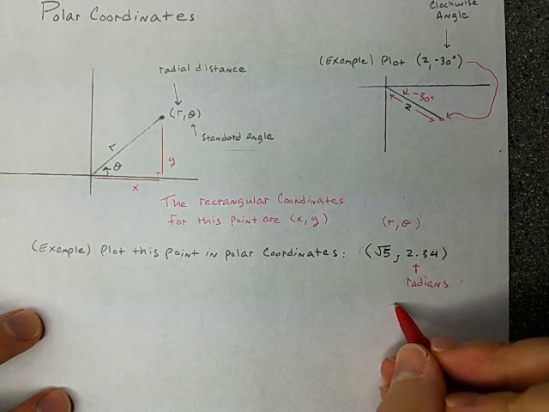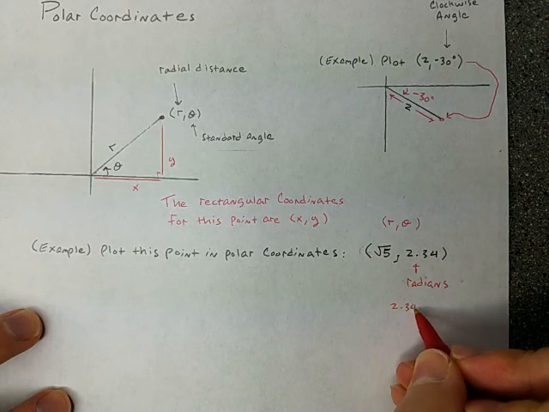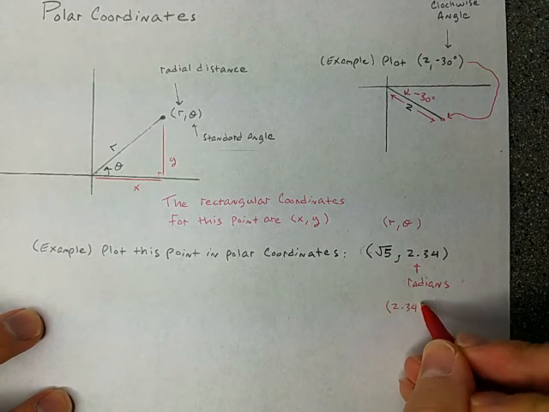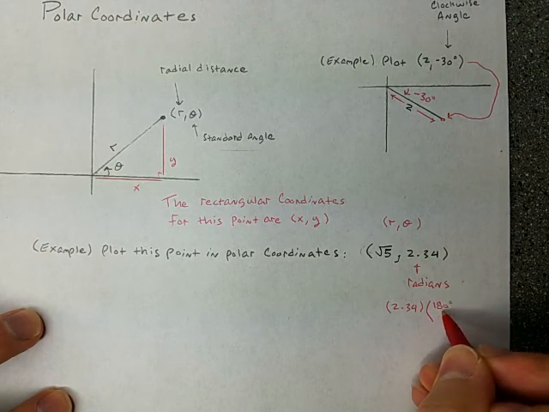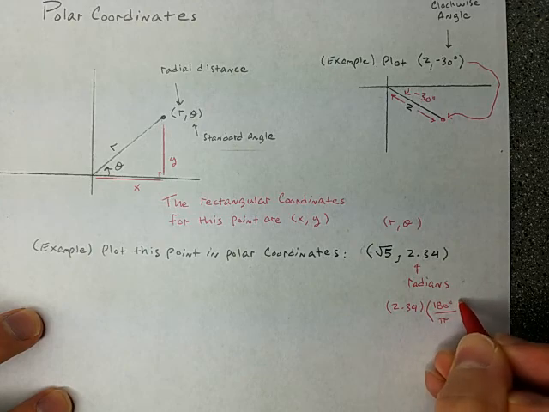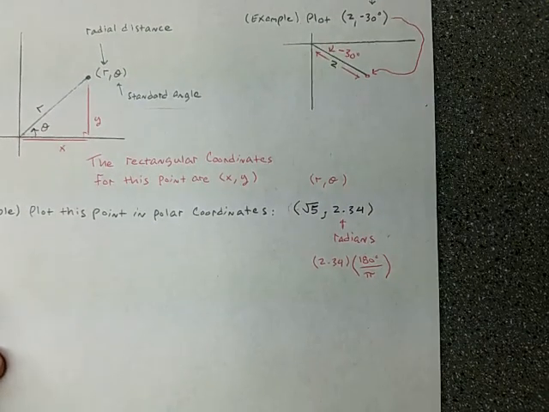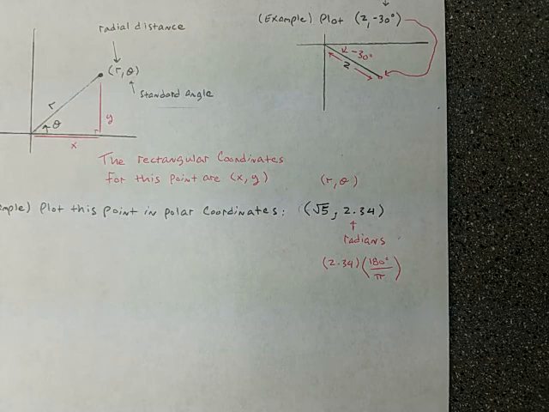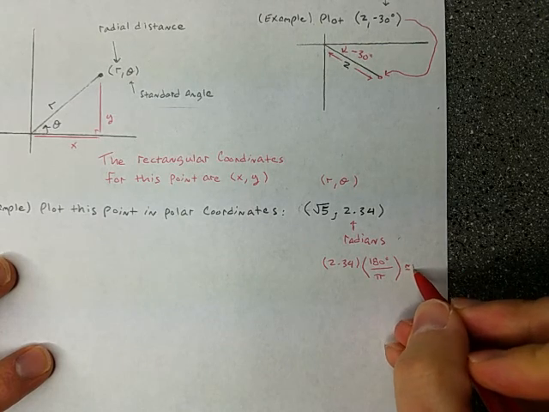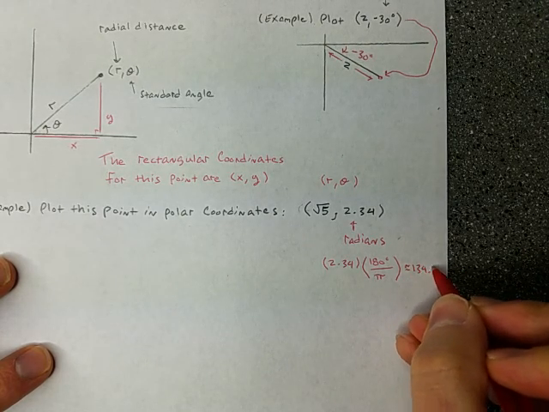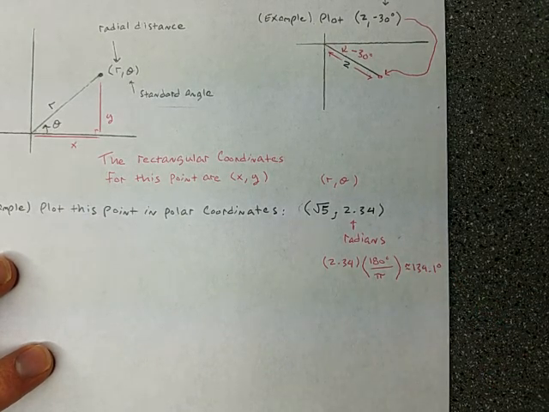So if we've got 2.34 radians and we multiply by 180 over pi degrees, we'll get our number in degrees. I'll do that, 2.34 times 180 over pi, and that turns out to be about 134.1 degrees. So we could look at it that way if that was a little easier for you.